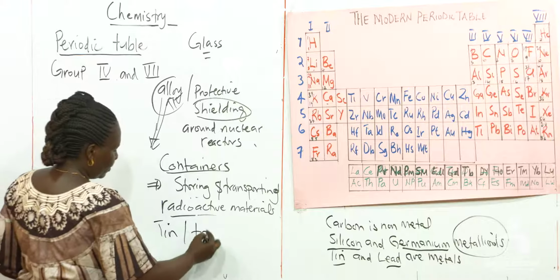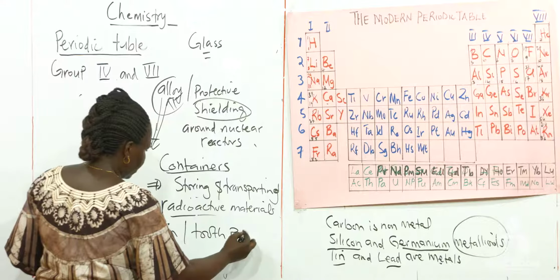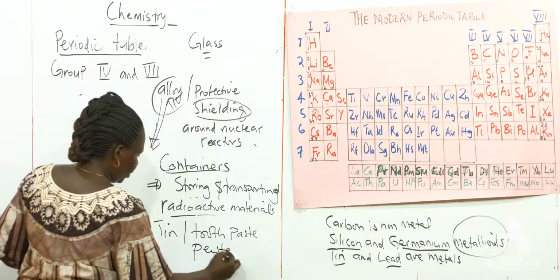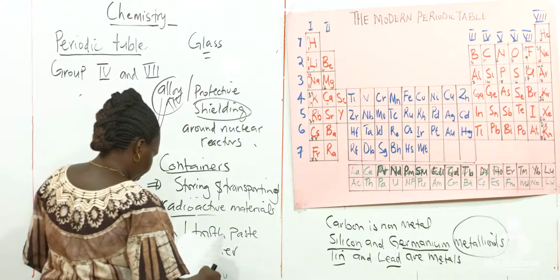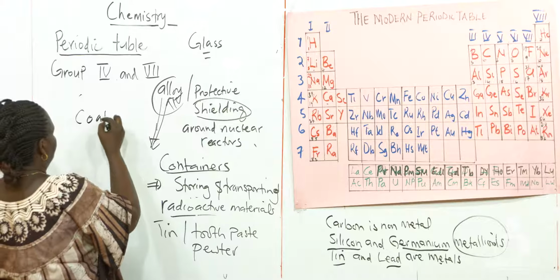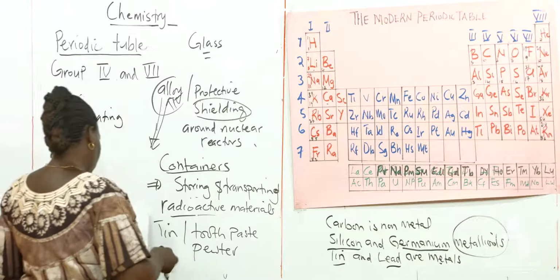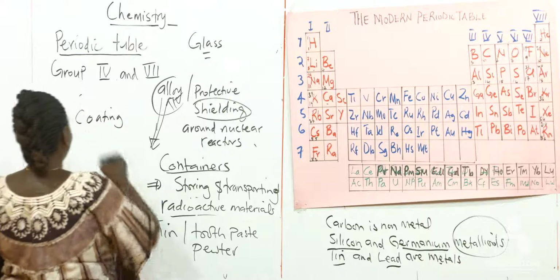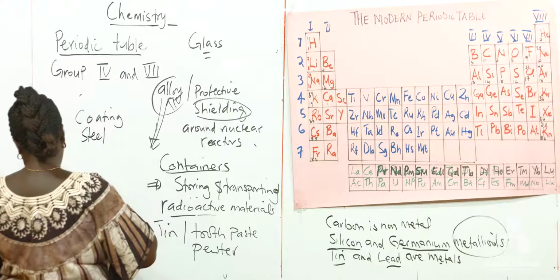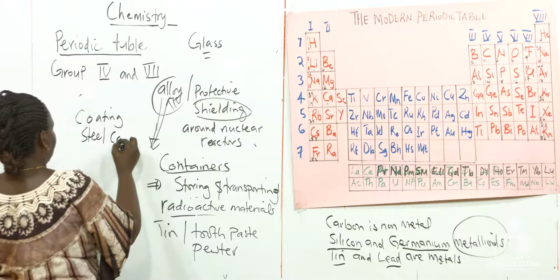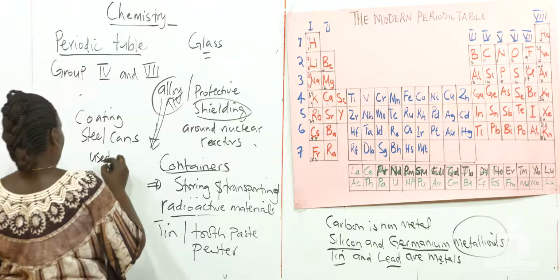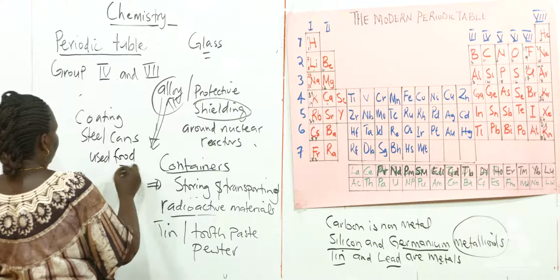So tin is used in toothpaste, as a pewter in toothpaste, and then it is also used as a coating. It is used in coating steel cans used for food.